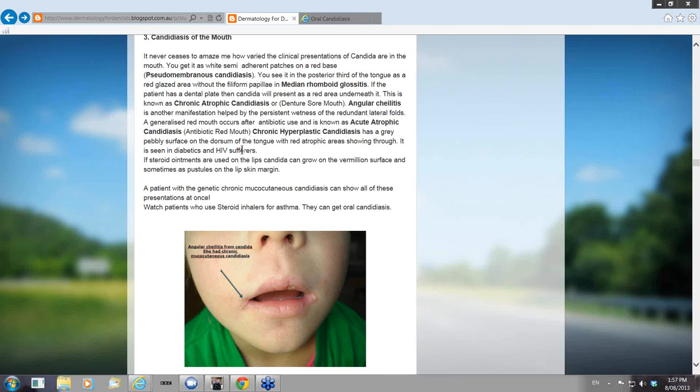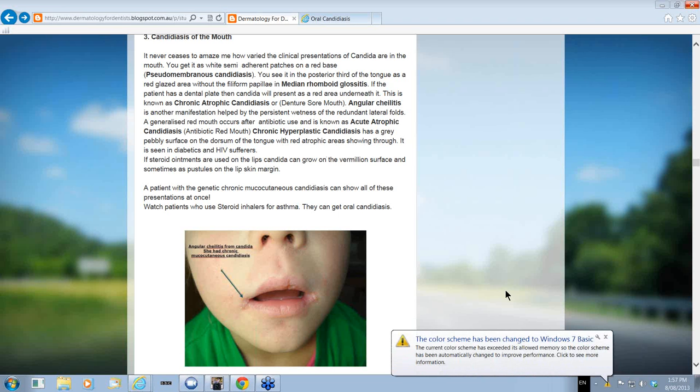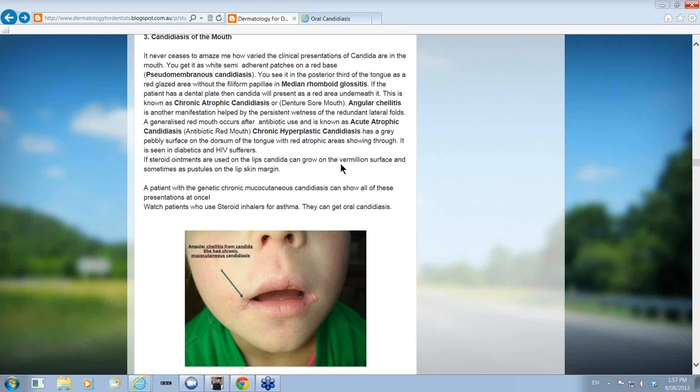It's often on the dorsum or sides of the tongue, and it can have red atrophic areas showing through. In other words, it looks white, but you've got these red atrophic areas showing through. And in this type of candidiasis, it can be difficult to peel the pseudomembrane off. So it's presenting basically as a leukoplakia. It's one of the manifestations of leukoplakia.